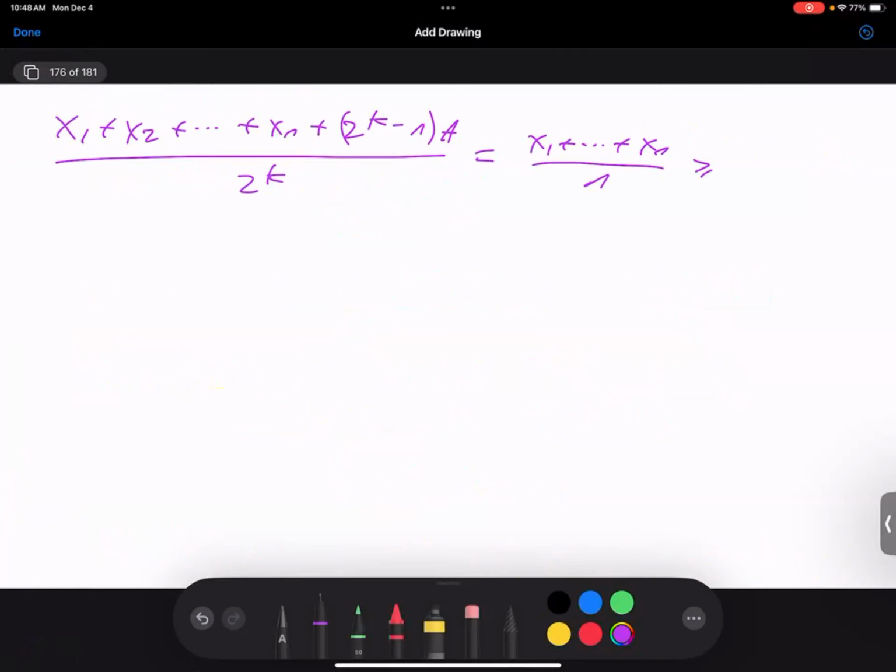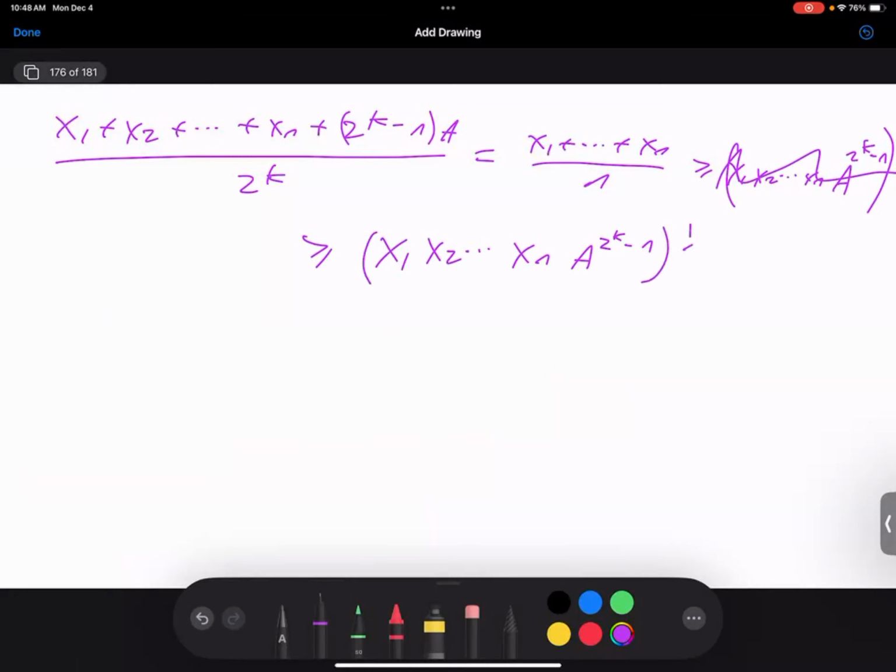That's greater than or equal to the geometric mean of x1, x2, xn, and then how many a's do we have? 2 to the k minus n. So it is greater than or equal to x1, x2, dot dot dot, xn, a to the 2 to the k minus n, all to the 1 over 2 to the k minus n.